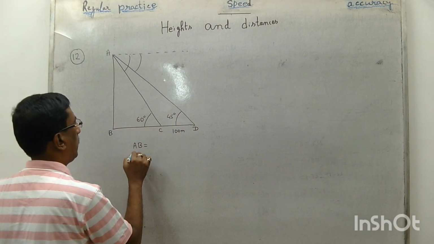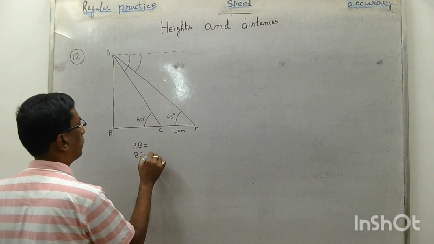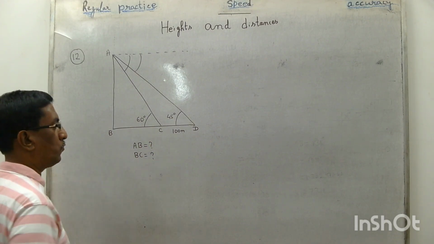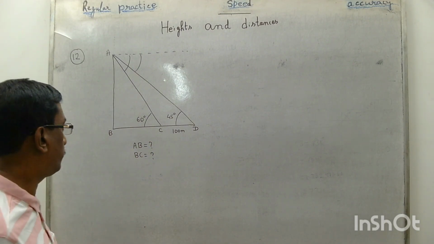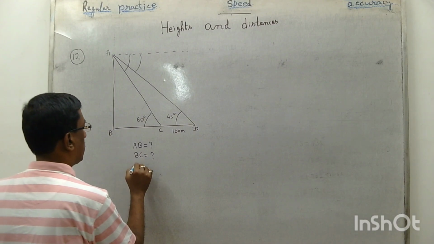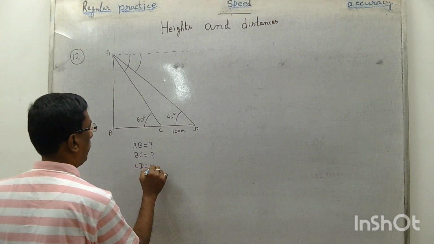What is AB and what is BC? We have to find these two lengths, AB and BC. CD is given, it is 100 meter.